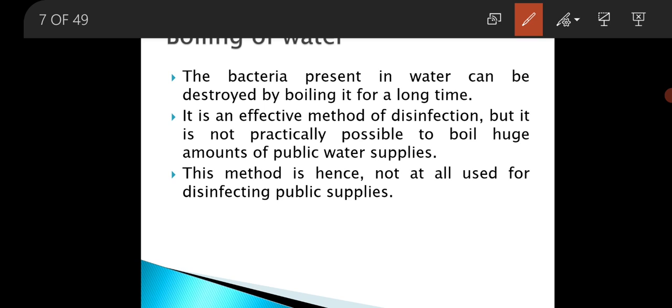And it will kill the existing germs, but it cannot take care of future contamination. So this method is not used for disinfecting public supplies, but during waterborne epidemics, the public is advised to drink boiled water in their houses.